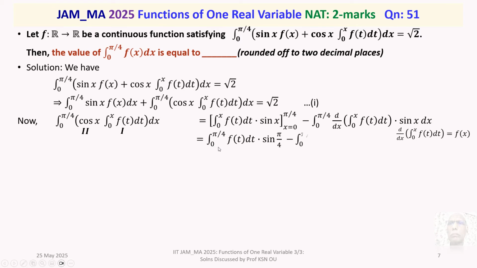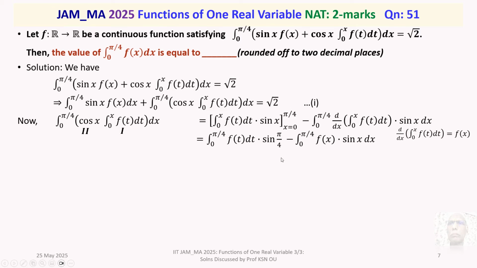So integral 0 to pi by 4 f(t) dt multiplied by sine of x, x is pi by 4, minus, for the lower limit x equal to 0, integral 0 to 0 is 0. So we have not written that, minus integral 0 to pi by 4 d by dx of integral 0 to x f(t) dt, which we have said is f of x, into sin x.